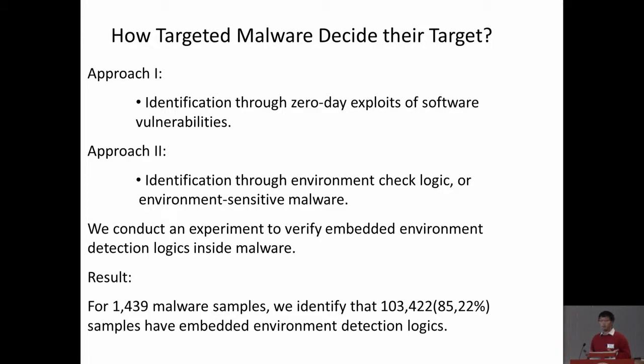For example, OpenMutex is a common API call to query whether some mutex exists in the system or not. Then we record all their returns and see whether these returns deviate the malware's execution. If it deviates the malware execution, we think that the malware will behave differently in different environments. This is where the number comes from: 85% of malware samples have such logic.